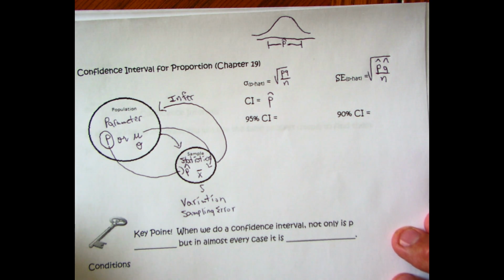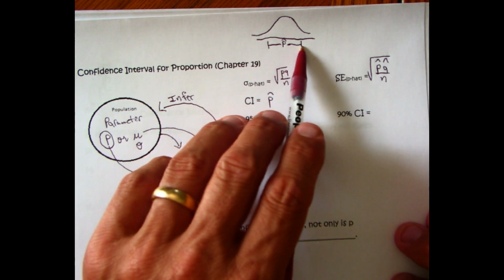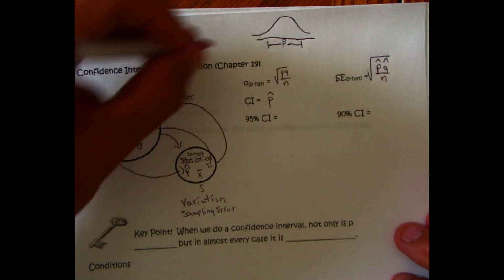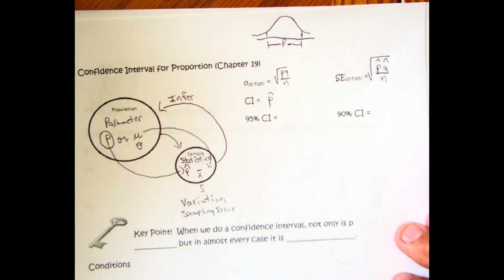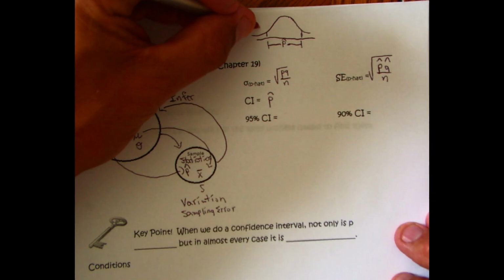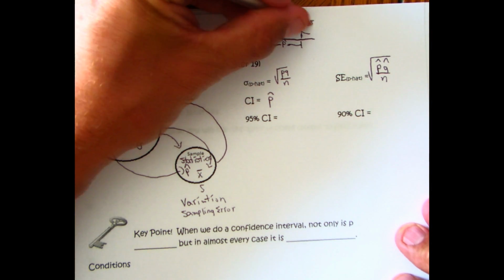Now, I'll do just a couple of intervals here. If I do a 90% confidence interval, then that means I'm capturing 90% of this distribution based upon where p hat is. That means I'm starting at the 5th percentile and ending at the 95th percentile.